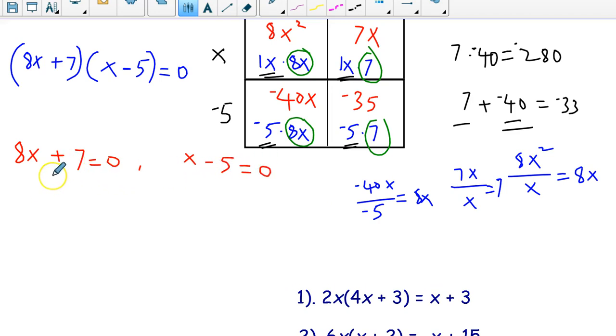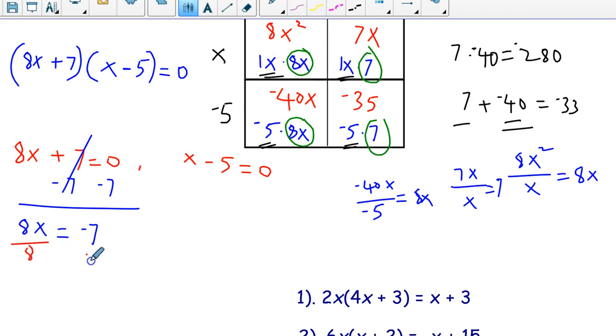Okay, so solve the first equation by subtracting 7 on both sides. Take away 7, you are left behind 8x. This is cancelled off, is equal to negative 7, and dividing both sides by 8.